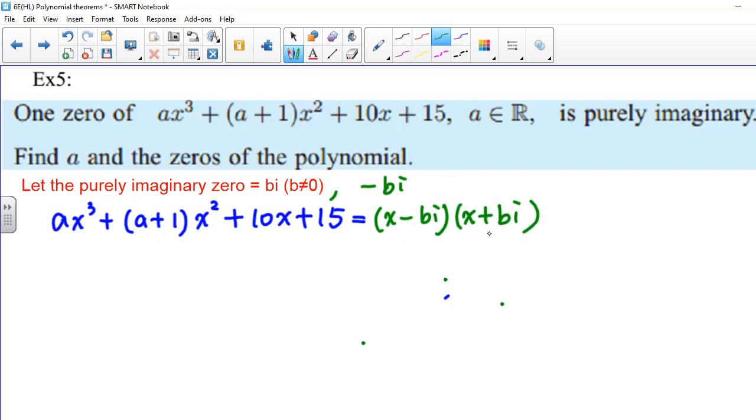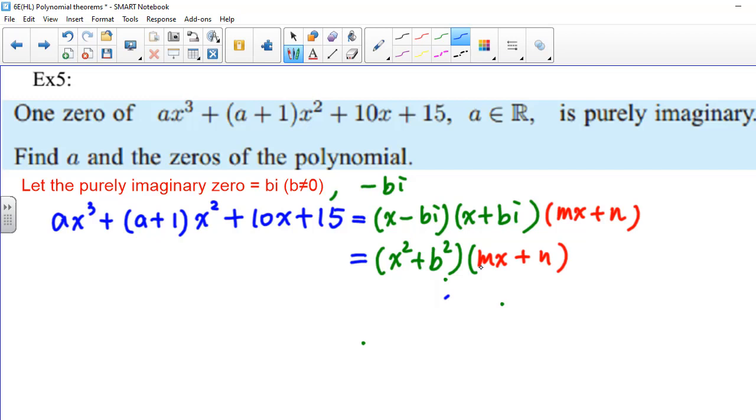And these two will multiply to be a quadratic expression. The quadratic expression must be multiplied by a linear binomial to get a cubic polynomial function. So we can let this linear binomial be mx plus n. Let's expand these two binomials. So x minus bi times x plus bi produces x squared plus b squared. Then times mx plus n.